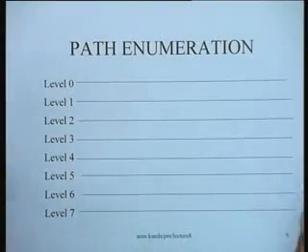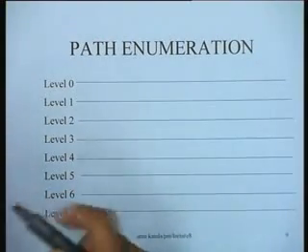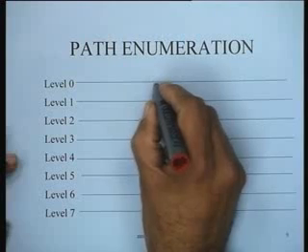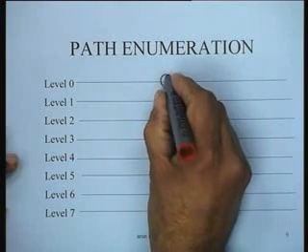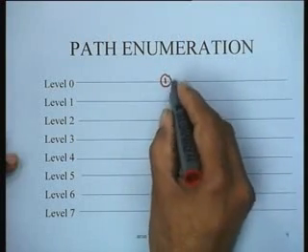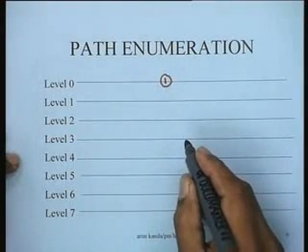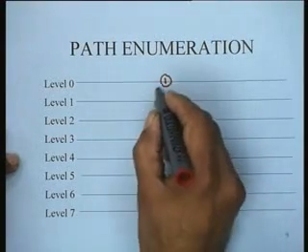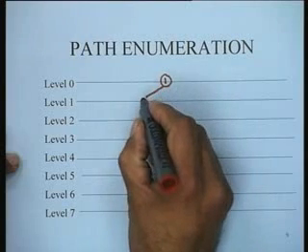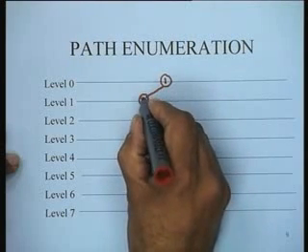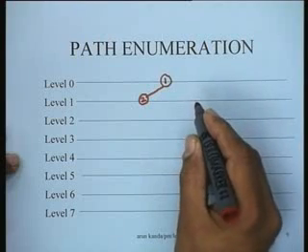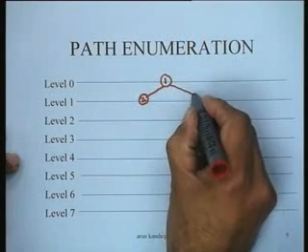Let us try, for instance, the starting node of this network, node number 1. So I begin with the starting node 1 here. From node number 1 in the network there is an arc which goes to node 2, or there is an arc which goes directly to node number 3.